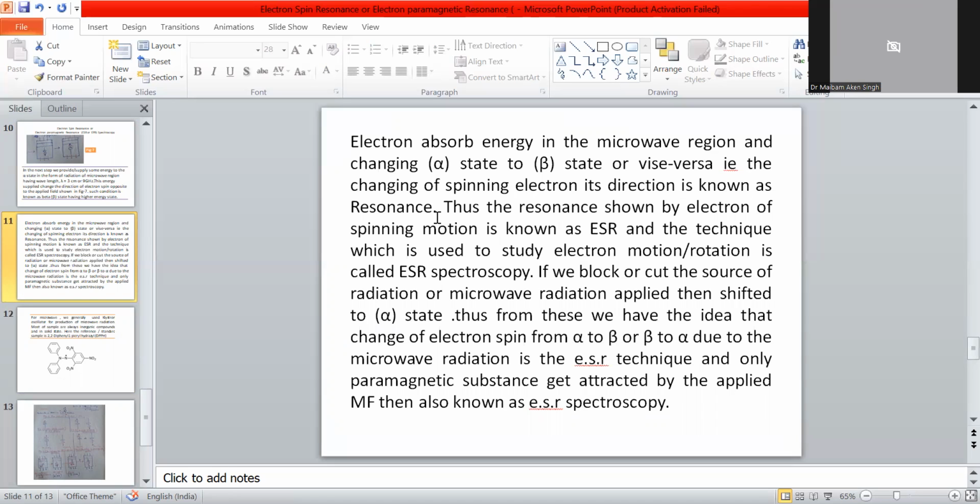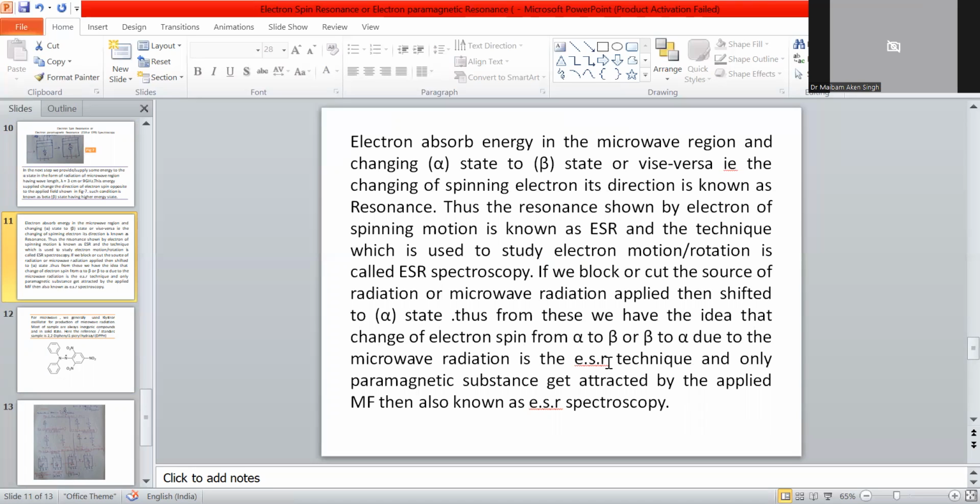Such a condition is known as resonance. The resonance shown by the electron's spinning motion is known as electron spin resonance, and the technique used to study electronic motion or rotation is known as ESR spectroscopy.